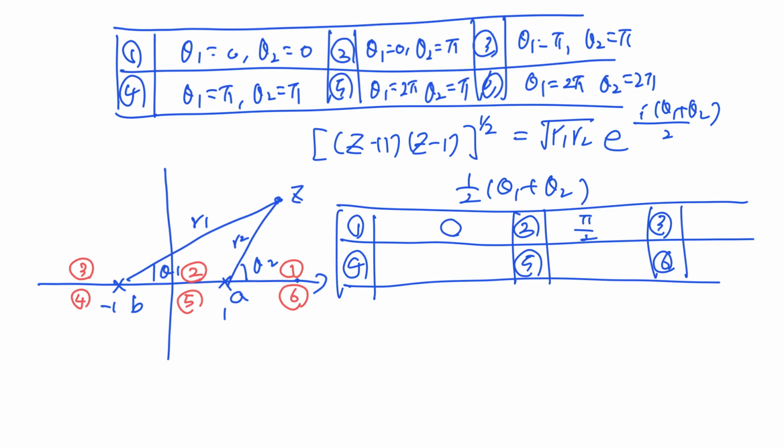How about 3? At this point, pi, right? How about 4? Four is again pi. How about 5? 3 pi over 2, right? Here, 2 pi.